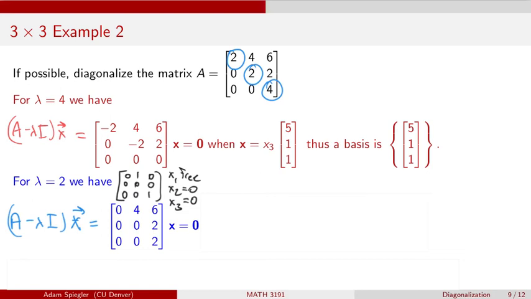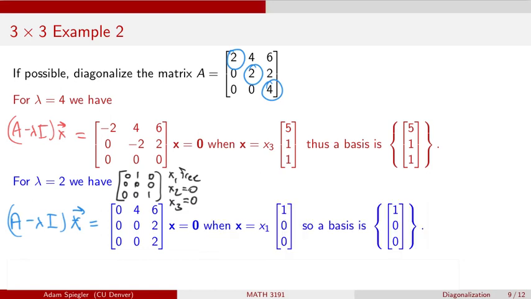So now we can see what the solutions are going to look like to (A minus 2I) times x equals the 0 vector. Namely, we have one free variable x1 times a vector of the form 1, 0, 0. So x2 and x3 have to be 0, and x1 can be anything that it wants. So a basis for this eigenspace is the vector 1, 0, 0.